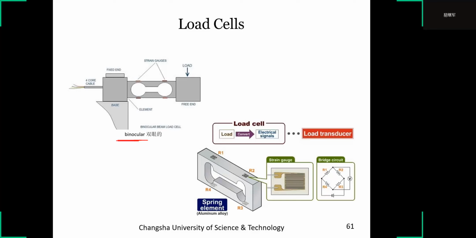The strain gauge is put here and here. When the load is applied to this top, the strain gauge is deflected, so the resistance is changed.